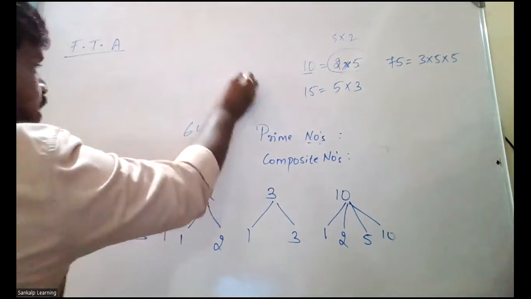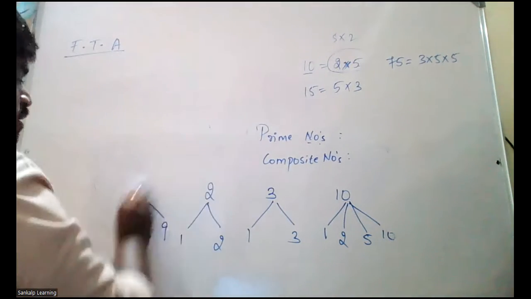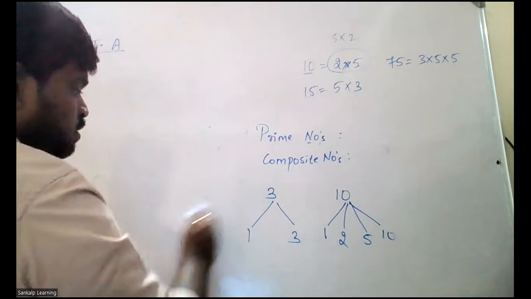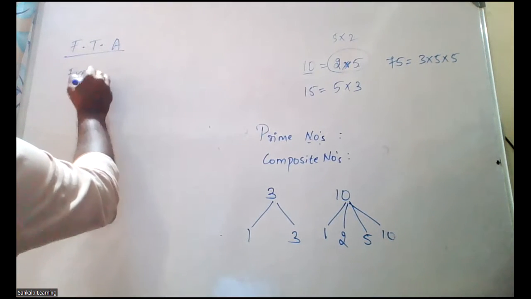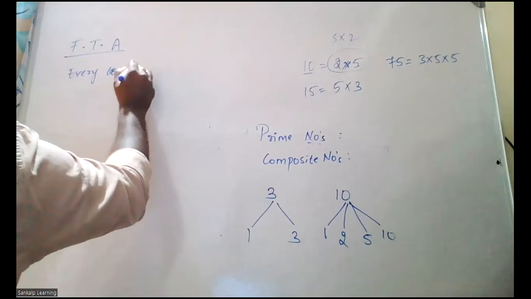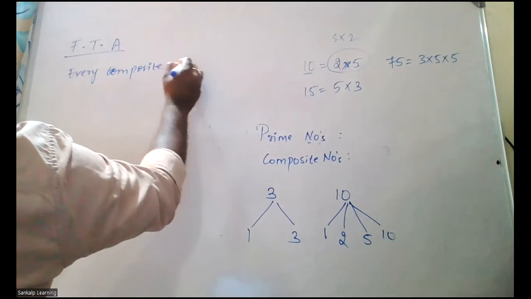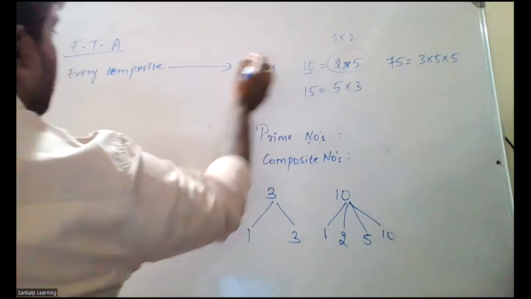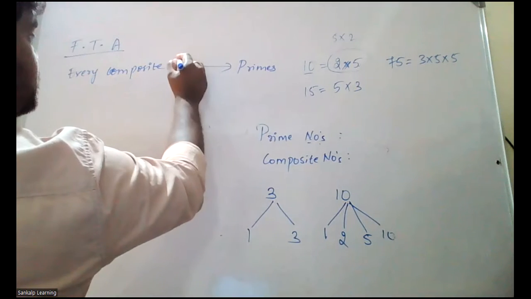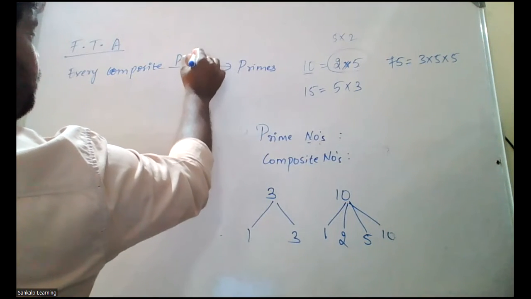So let me write out what I've explained. The fundamental theorem is: every composite number can be expressed as a product of primes.